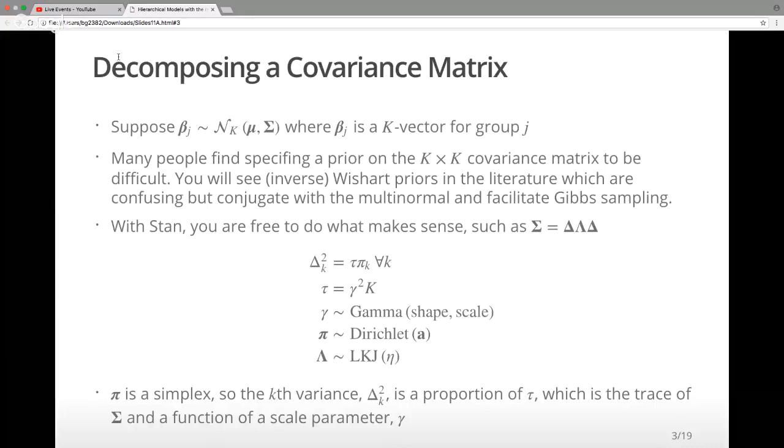But at the same time, for people who want to change this stuff, it's relatively easy to do, and it's easier to think about the proportion of variance separately from the total amount of variance over all the things that you're saying vary from group to group.